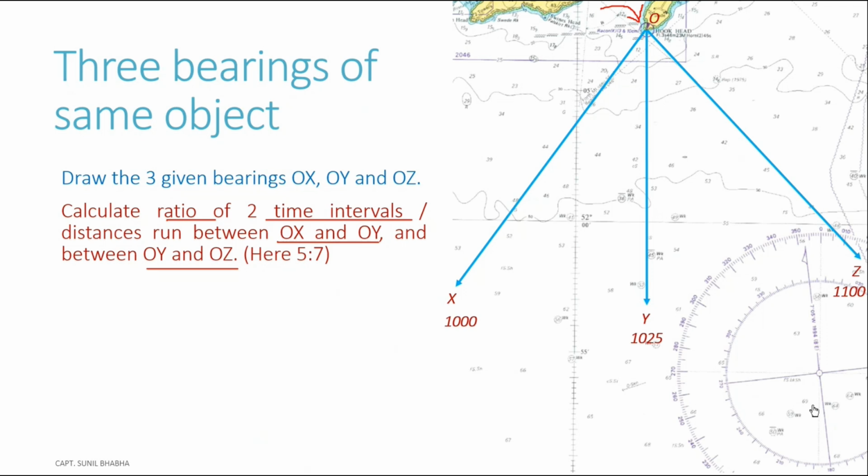Now in this question, the first bearing was taken at 1000, the second was taken at 1025. So the time interval between first and second bearing is 25 minutes. The time interval between the second and third bearing is 35 minutes. If we take a ratio between 25 and 35, we get a ratio of 5:7.